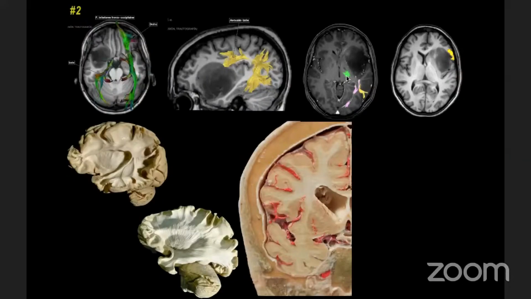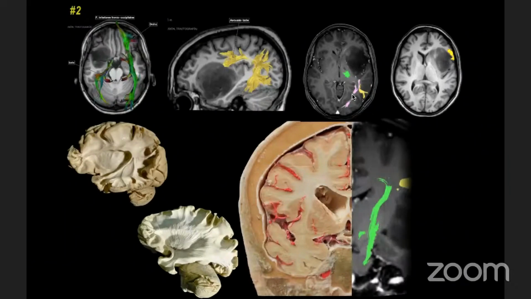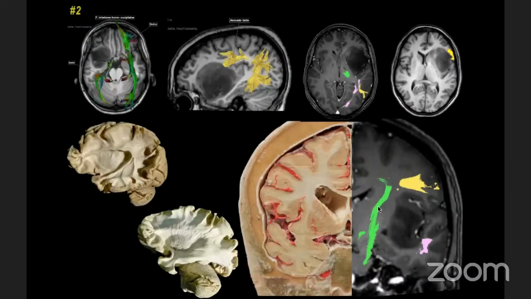So this area we should be very, very awake in order to try to preserve the corticospinal fiber tract. So we can have a look at the tractography in the coronal cut. So here we have the arcuate fascicle, the sagittal stratum, which will be discussed later on by Professor Igor Maldonado, and in green here we have the corticospinal fiber tract.